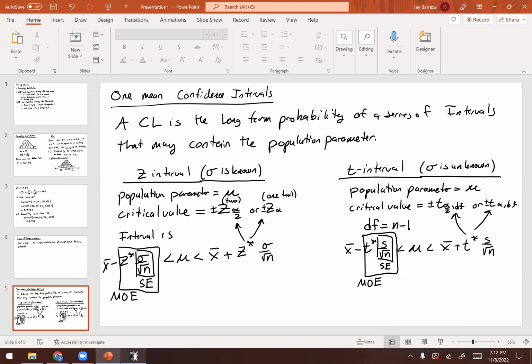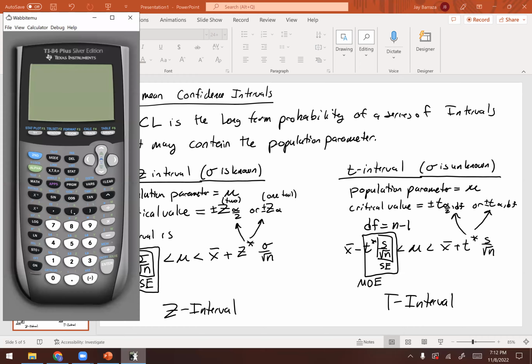Okay, and so on the calculator, this is going to be t interval. Sorry, wrong letter. This is going to be z interval. And then this is going to be t interval. And just to show you, if you go to stat, test, and go down to options 7 and 8, there they are, right?